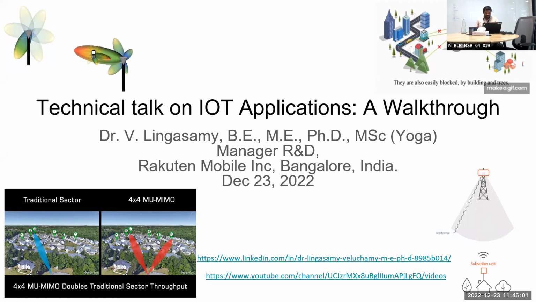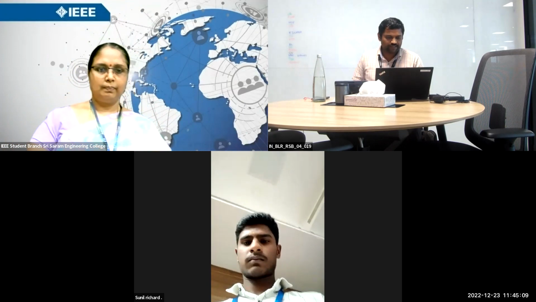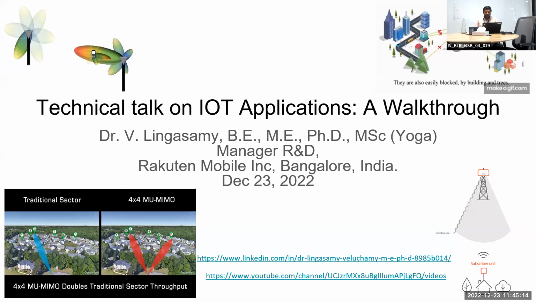So many applications are coming up, and so many technologies are together, so it's no more traditional networks. It will be a kind of hybrid network, I would say. With this premise, I will start my talk on the IoT applications.